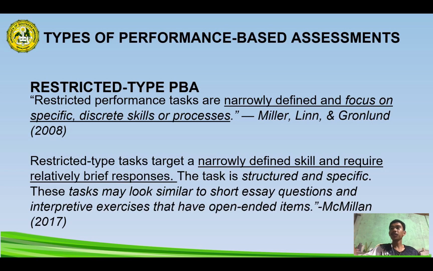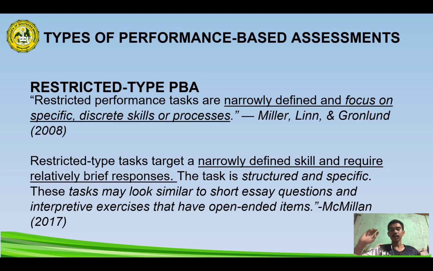But according to Miller, he defined a restricted type as narrowly defined and focused on specific, discrete processes. He stated that it is a snapshot of knowledge, or just imagine a single photo that captured a smaller part. That is how it is defined by Miller.